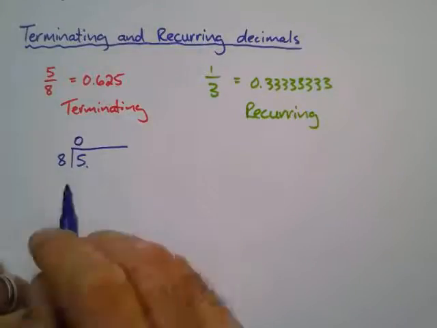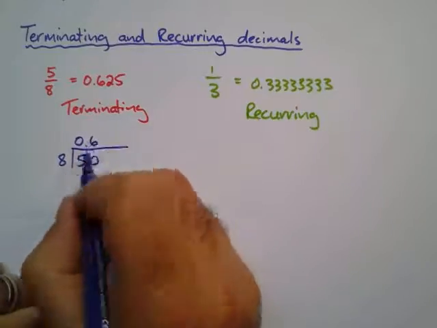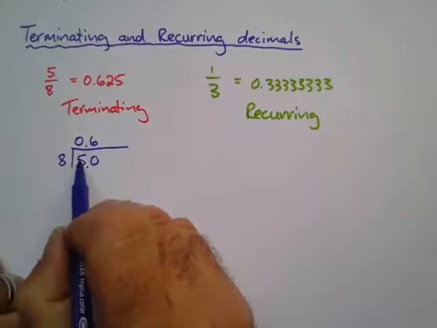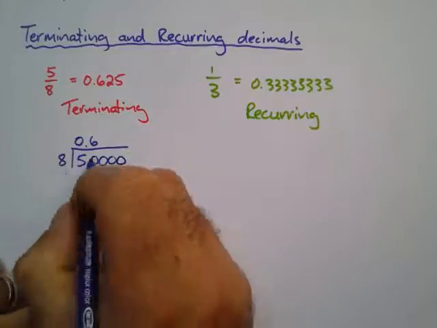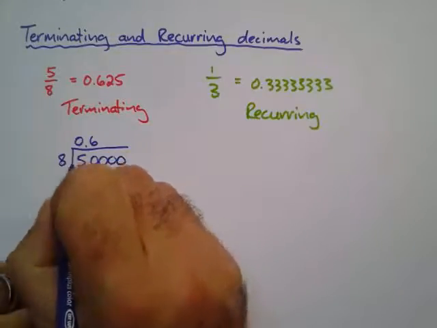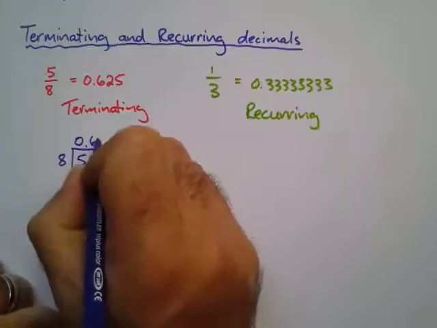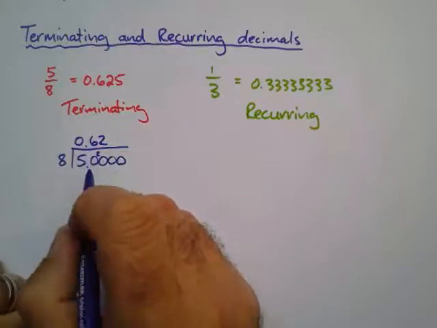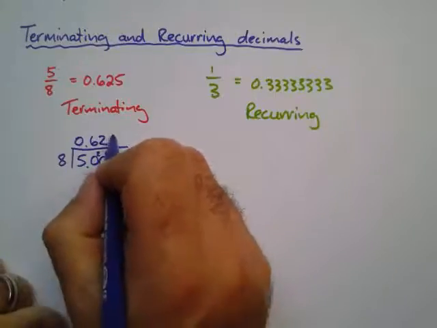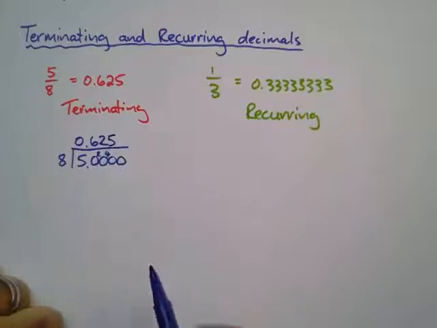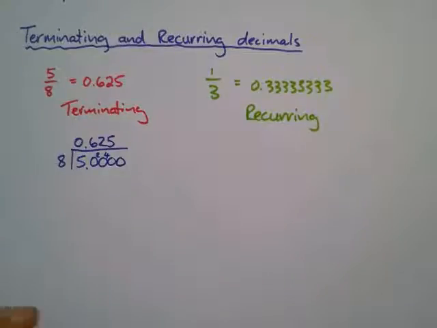Then I put a decimal place and add a 0. 8 goes into 50 6 times. 6 times 8 is 48. 50 take away 48 is 2, so we just keep on adding zeros. 8 goes into 20 twice, 2 times 8 is 16, 4 remains. 8 goes into 40 exactly 5 times, and that is where the fraction terminates. So we can see why this is terminating.